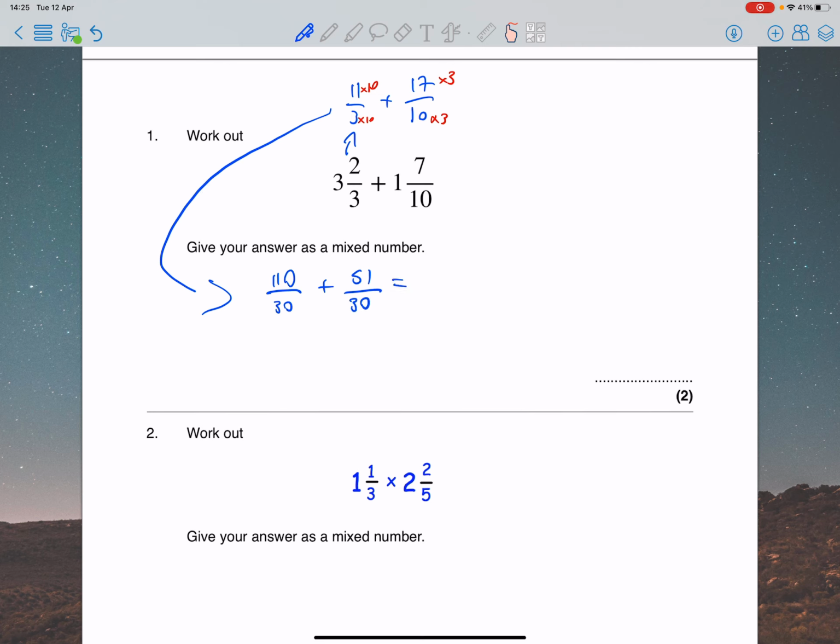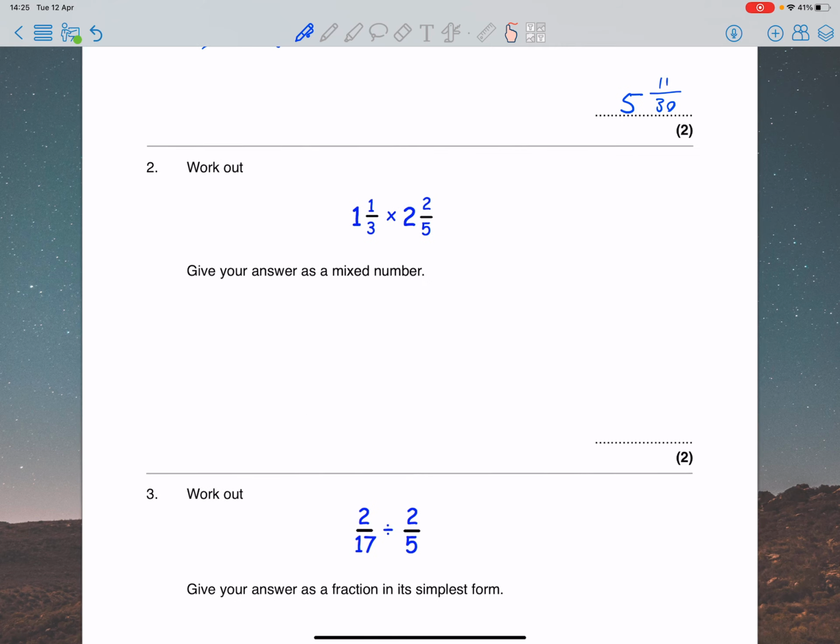Adding them is going to give me 161 over 30. And then to convert that back to a mixed number, how many 30s go into 161? Well, that's going to be 5. 5 times 30 is 150, so the remainder is 11. So 5 and 11 over 30. There we go.